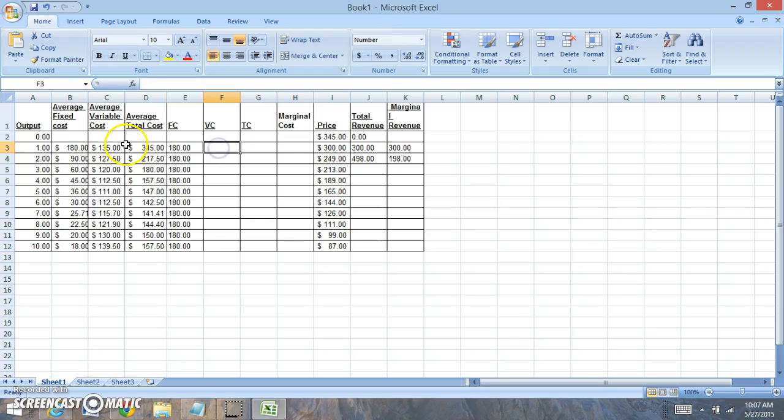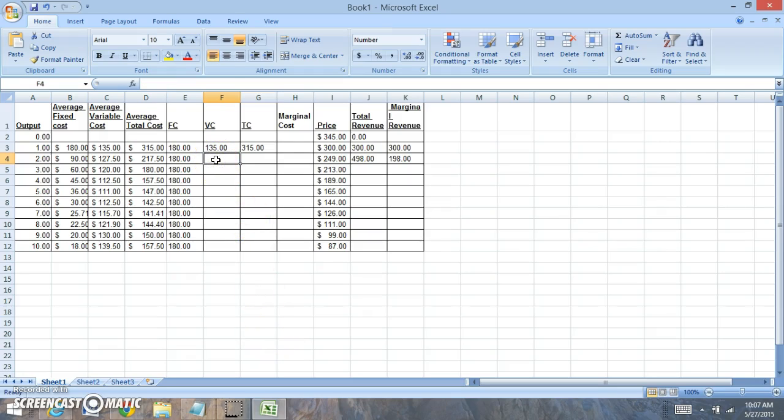Now to find variable costs, it's going to be 135 times 1 unit. It's going to be 127.5 times 2, all the way down. Now to find total costs, it's going to be this column plus this column. So it's going to be 315.